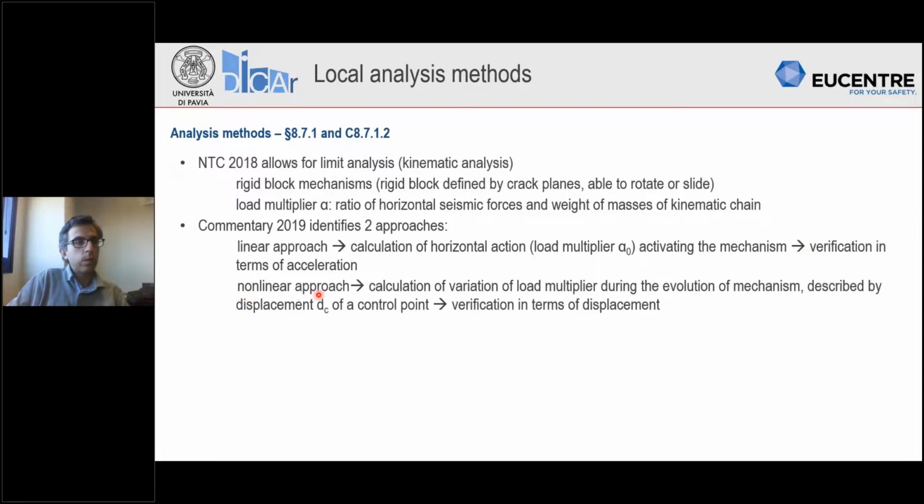Then there is also the nonlinear approach, which consists in calculating the variation of the load multiplier during the evolution of the mechanism, which is represented by the displacement of a control node of the mechanism. In this case, verification has to be performed in terms of displacement. Now, in this webinar, I will focus only on the linear approach, sorry.